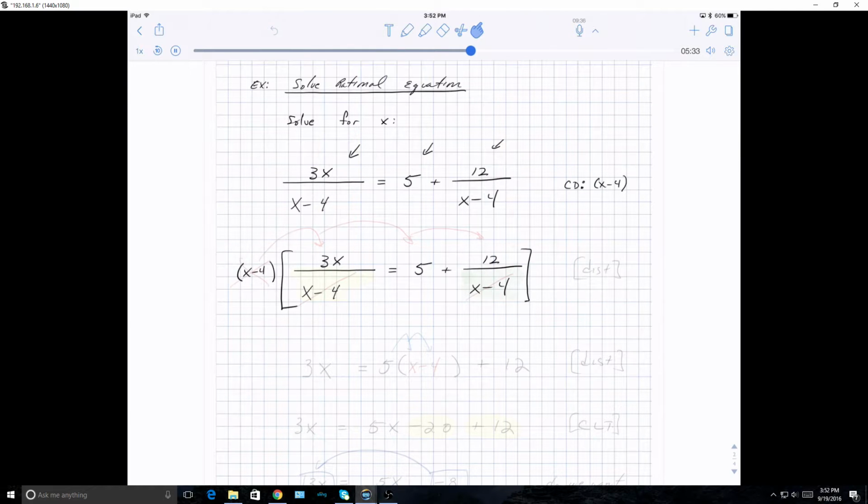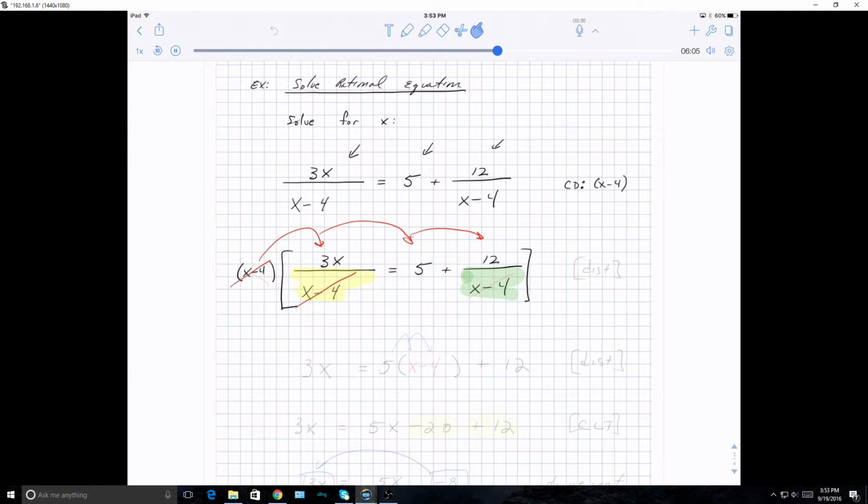So now what we have is that product that we're going to distribute the binomial over here, and over here. What do you notice is going to happen to this? You're multiplying and dividing by x minus 4, so those are gone. And what happens over here to this x minus 4?